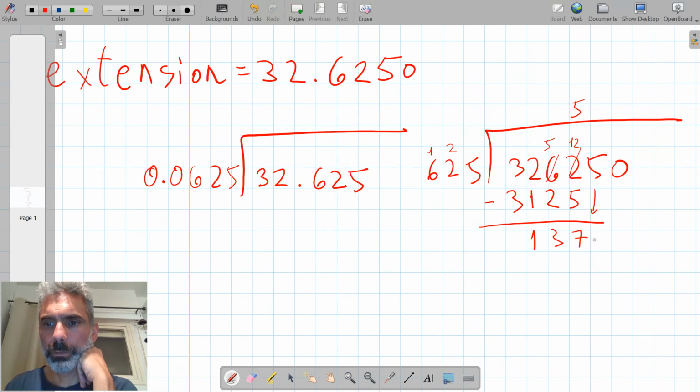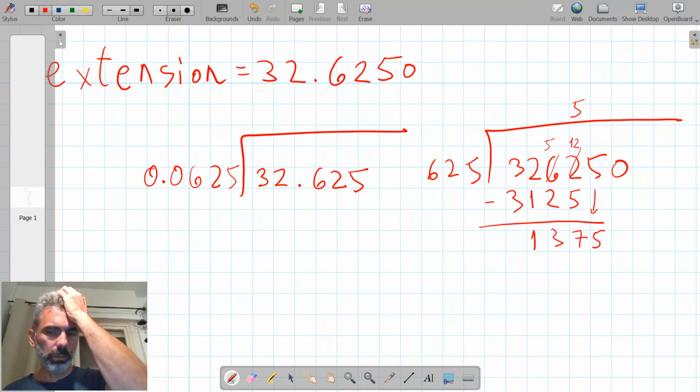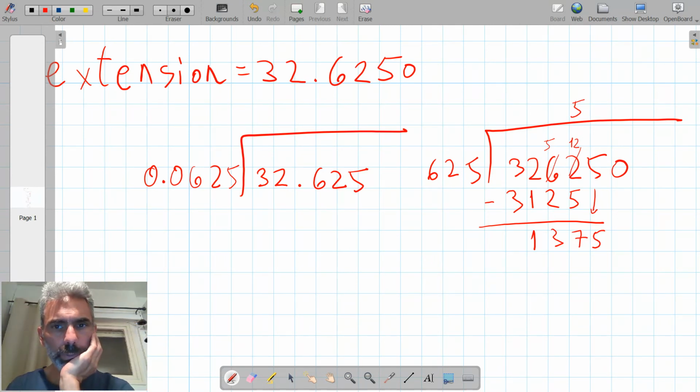Bring down 5. 625 goes into 1,250 2 times. 2 times 600 is 1,200, and 2 times 25 is 50. So this is 1,250.